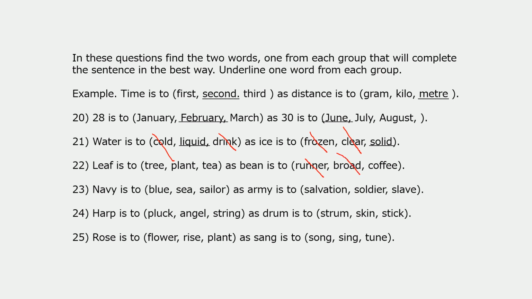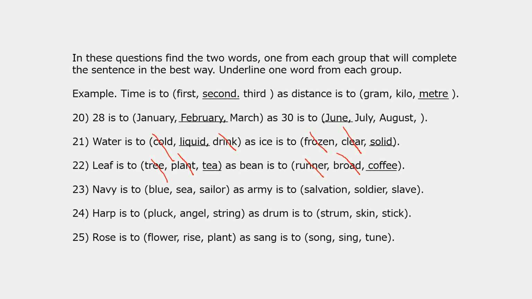Neither does broad, other than a tree can be broad, but I'm not sure that could really work. All we have left is coffee. What is similar to coffee in the leaf bracket? Well, tree is not, neither is plant. So we know that tree and coffee is the answer. Is it? Yes, it is.